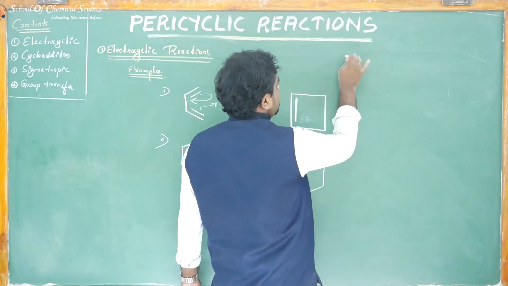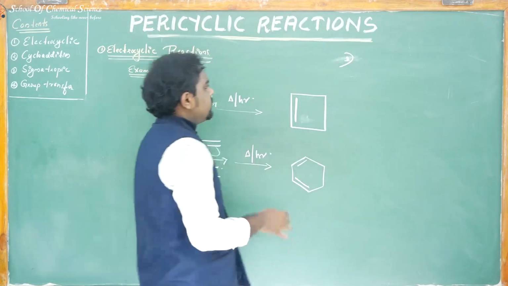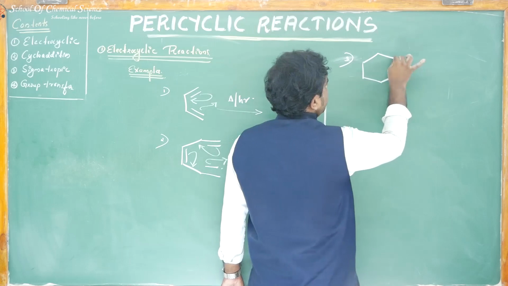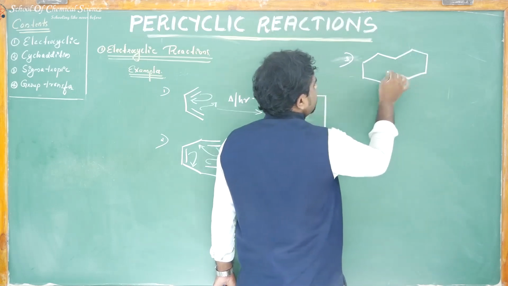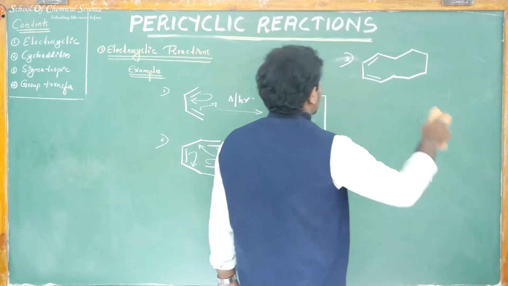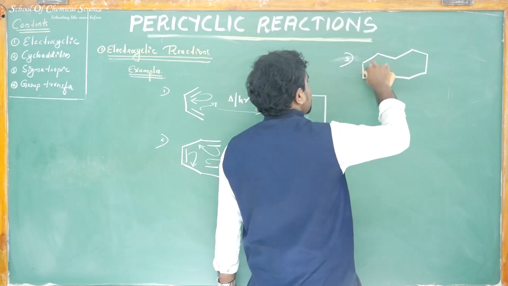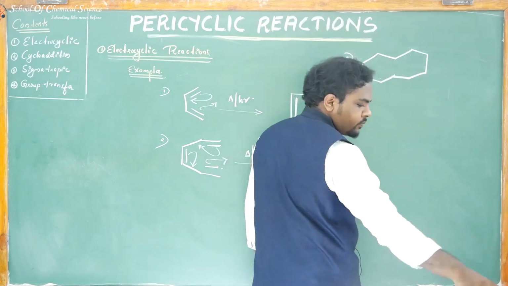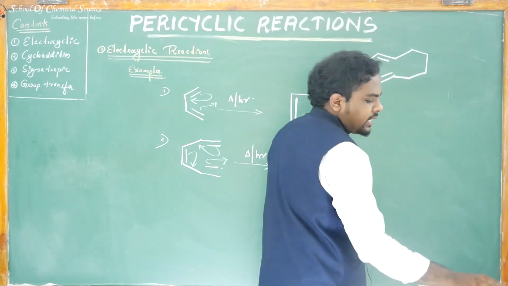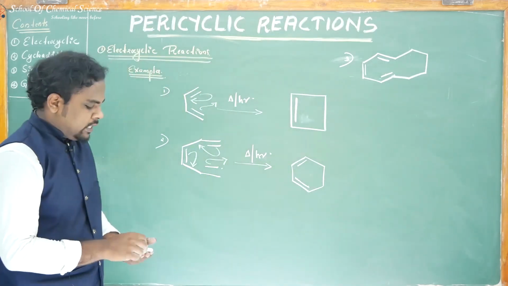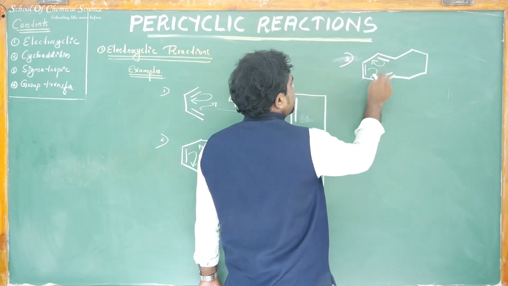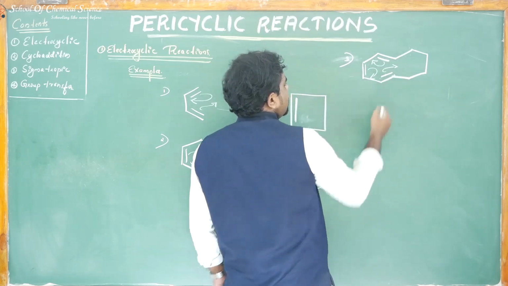Then third example. What about the electrocyclization in this molecule? This pi bond towards here, this towards here. This pi bond makes a sigma bond between these 2 carbons.